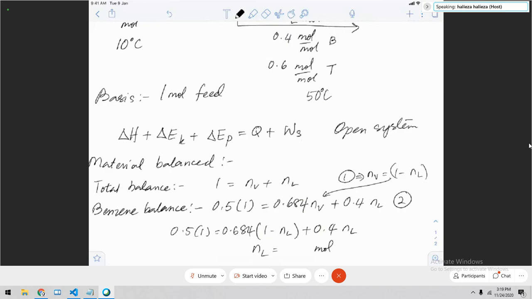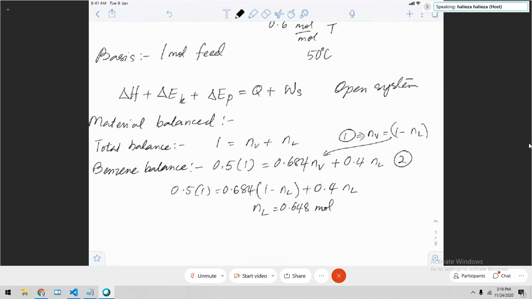I got 0.648. Anybody get the same value? Yeah. Good. So now you substitute that 0.648. Your NV is, let me have a look at my solution, 0.352 mole. Okay, that's our value for the amount of NL and NV.